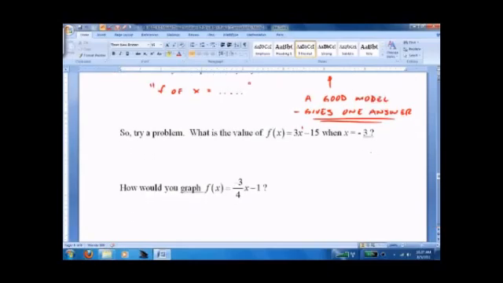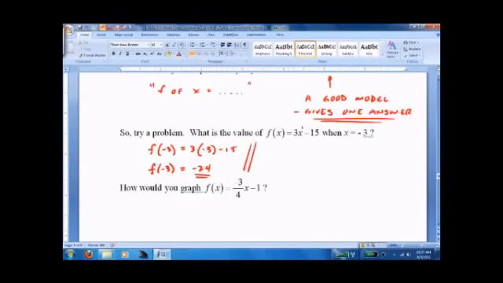So here's how we write it. F of x, but we're going to say x equals -3. So f of -3 equals 3 times -3 minus 15. So f of -3, notice I'm writing it with a nice script now, you can write it either way, equals -9 minus 15, which is -24. That's it.